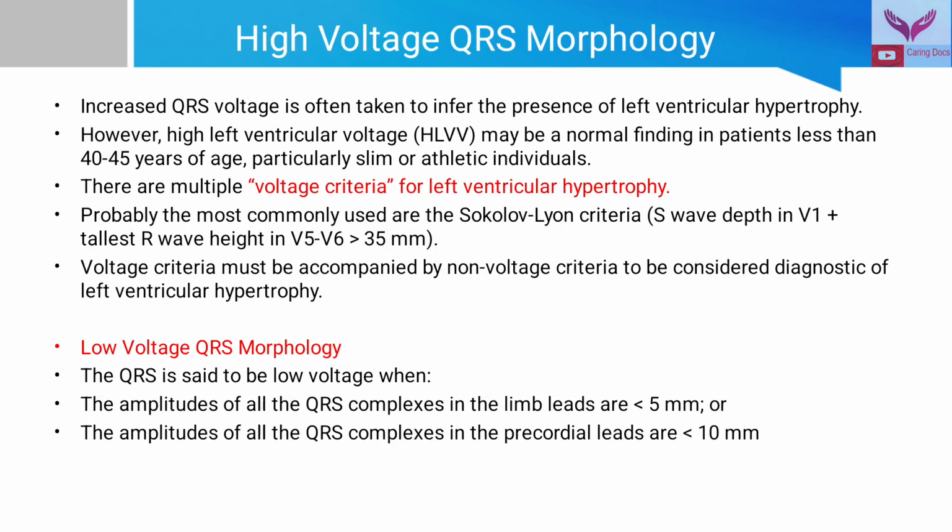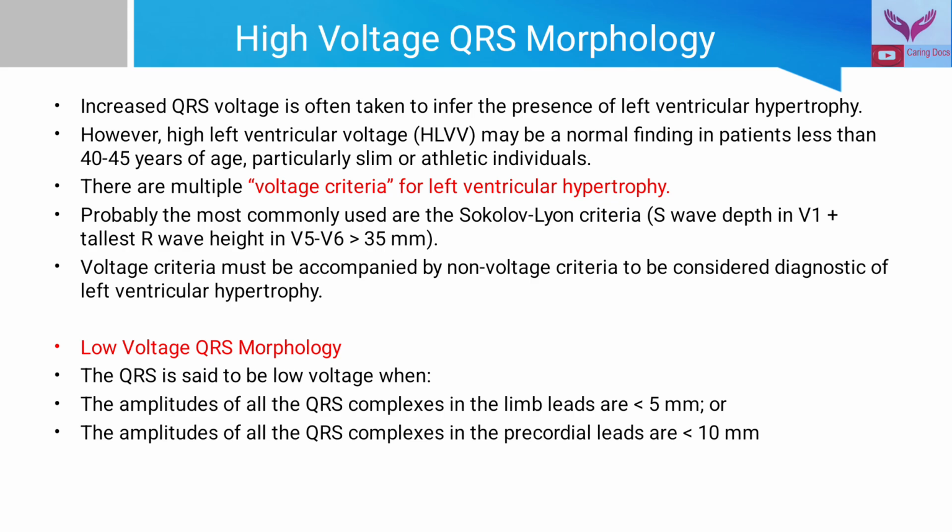Coming to the high voltage QRS morphology, here we see increased QRS voltage, which is often taken to infer the presence of left ventricular hypertrophy. However, high left ventricular voltage may be a normal finding in patients less than 40 to 45 years of age, particularly who are slim or athletic individuals. There are multiple voltage criteria for left ventricular hypertrophy.